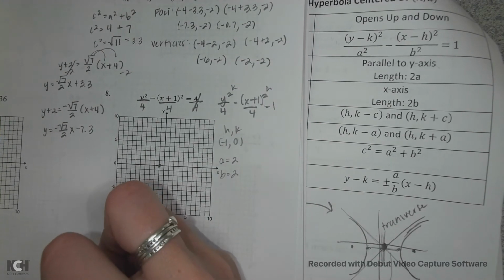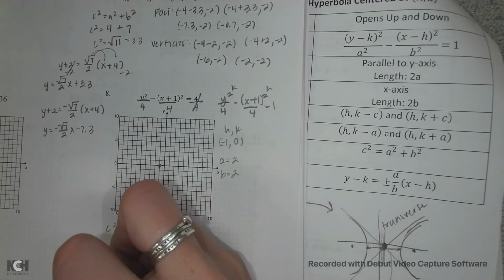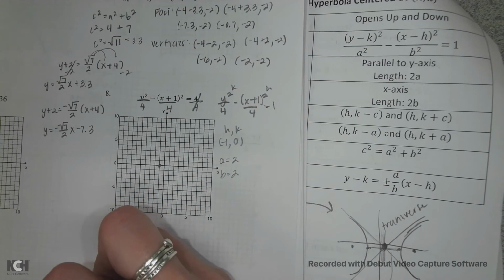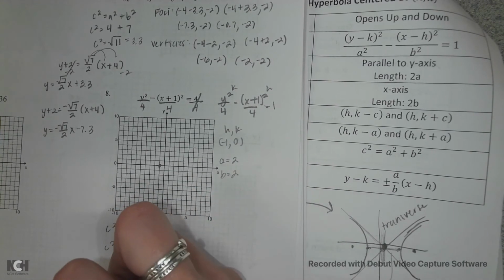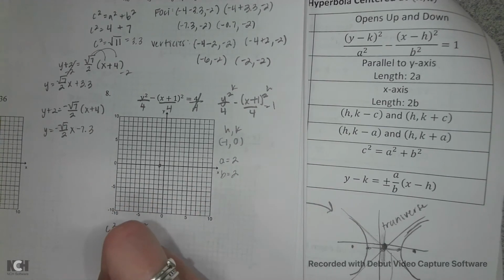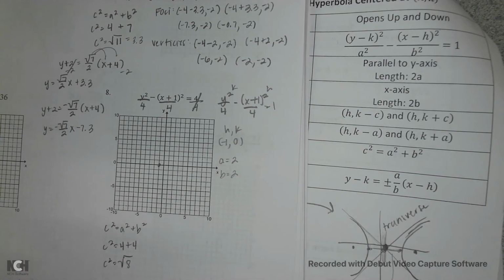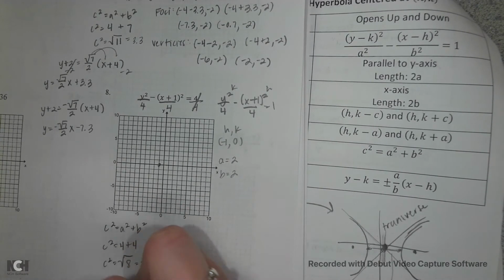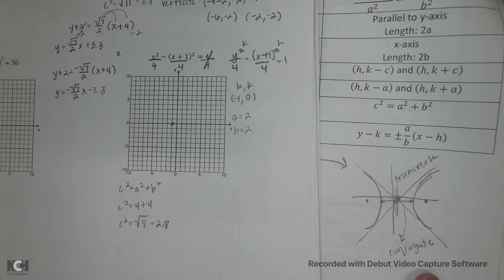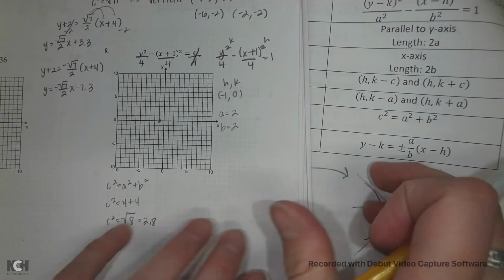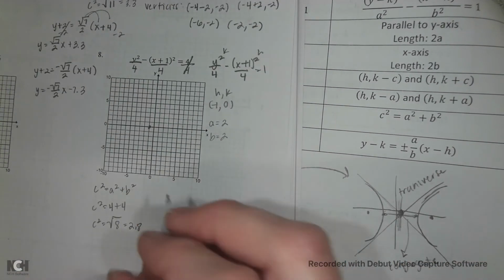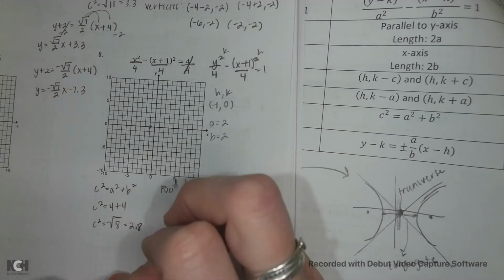So our c squared equals a squared plus b squared. So c squared equals 4 plus 4. So c equals the square root of 8, which is 2.8. So that's our c. Okay, so then we're going to figure out our foci.